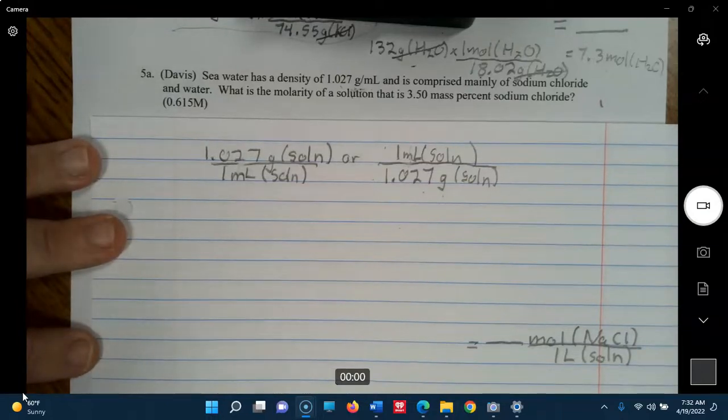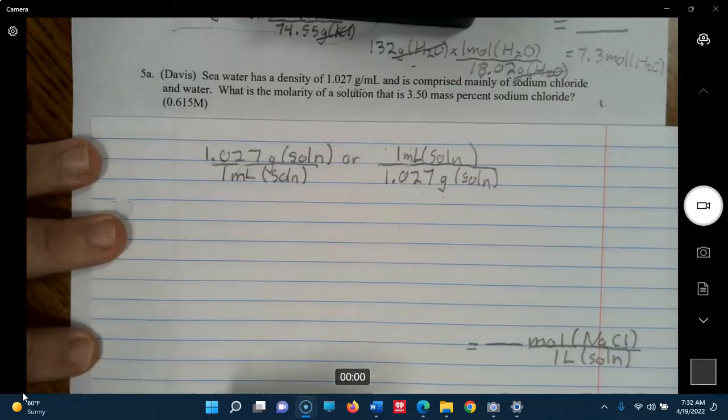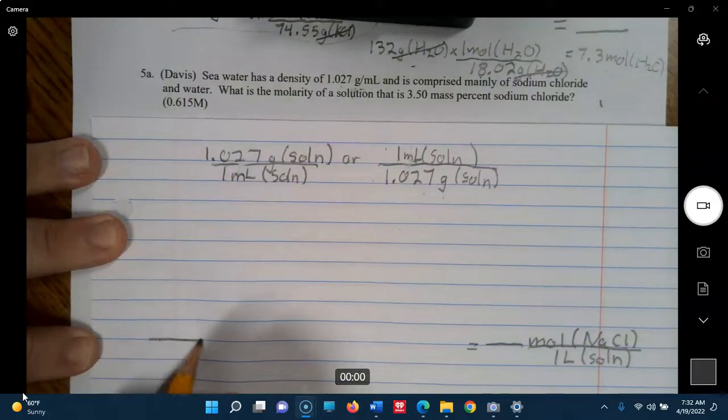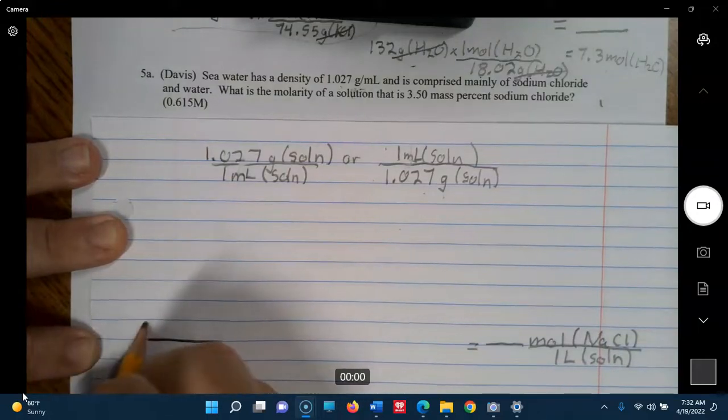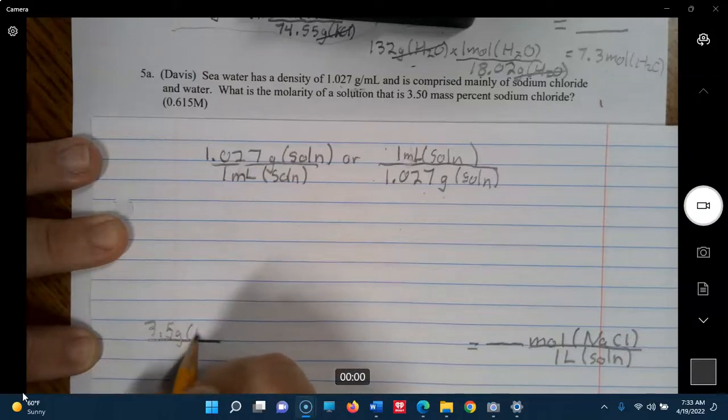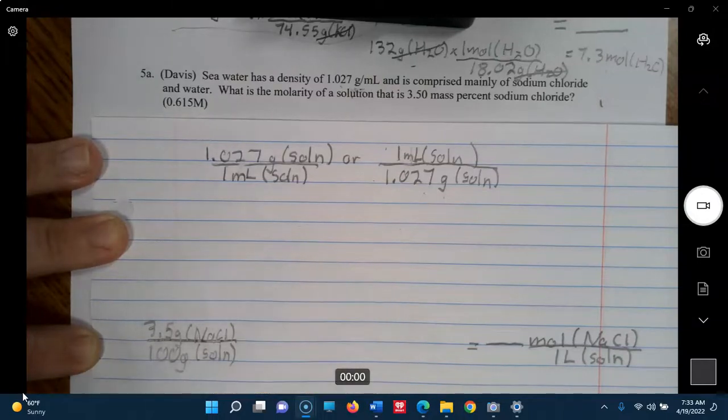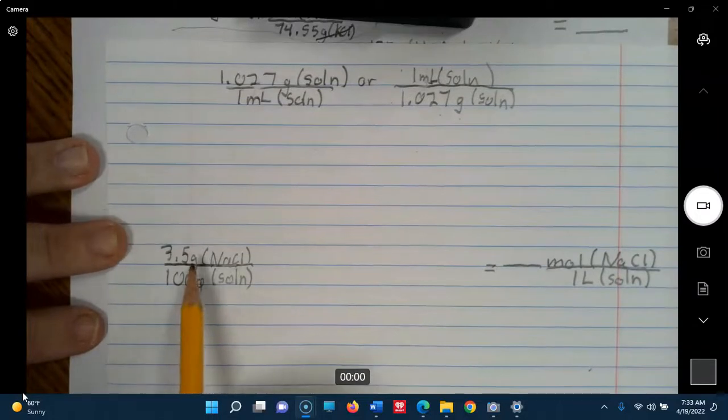You're going to choose to use a 100 gram sample of the solution, of the seawater. So we're going to come over here and we're going to write 3.5 grams of NaCl over 100 grams of seawater. That's the solution.